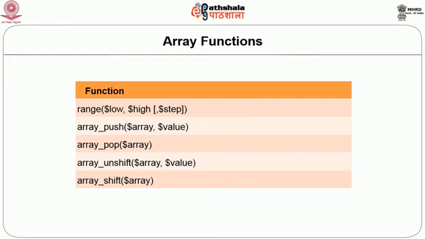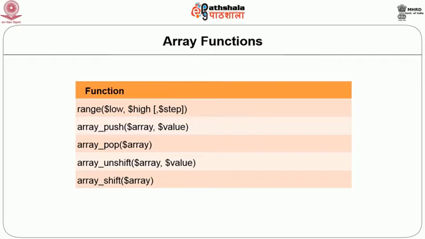Now let me come to some more built-in functions of arrays. You can find all these built-in functions at php.net as well as the PHP manual available on PHP's website. But a few of these functions that I would like to discuss, the first one is range. This function takes 3 parameters: the initial or low value, the maximum value, and optionally you can provide a step.